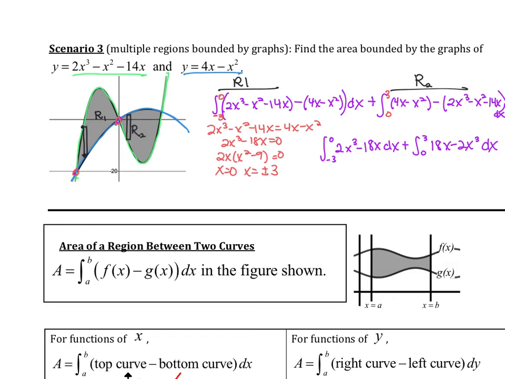So what I want you to do now is take a second and try this in your calculator. You can either do it under the graph menu or in the math menu on the main screen, Math 9. So try this and see what you get.